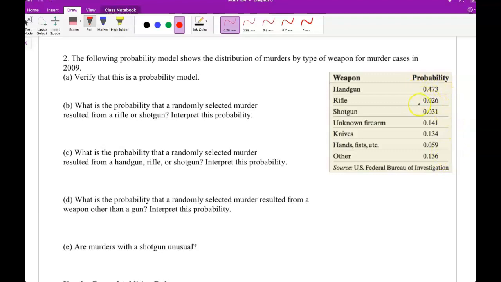Obviously, each one of these numbers is between 0 and 1. And if you add these, the answer will be equal to 1. So the answer is yes.